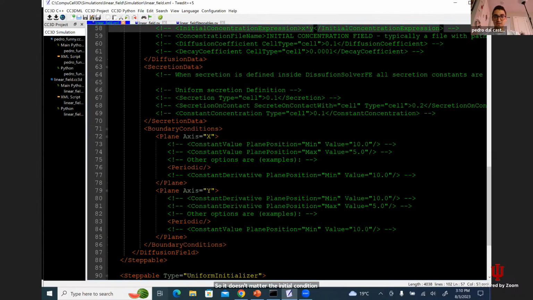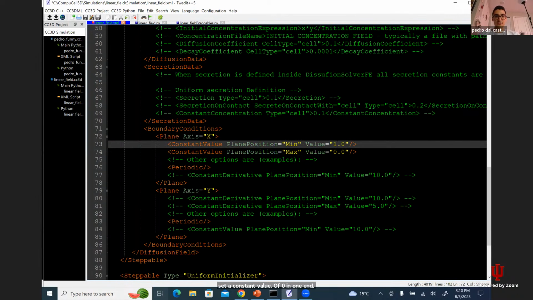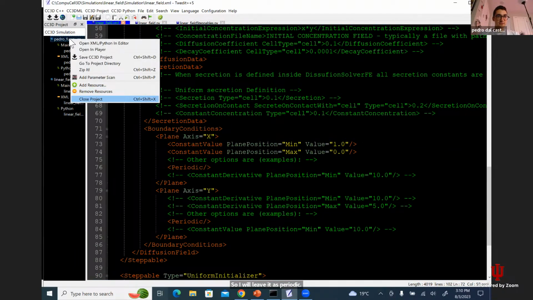I will set a constant value of 0 at one end and 1 at the other. As I only want the linear field in the x-axis, the y-axis doesn't matter, so I will leave it as periodic. Let me close this one and open in player.